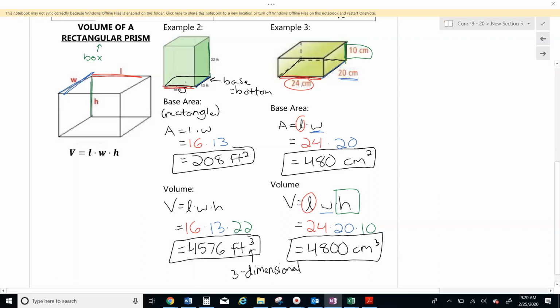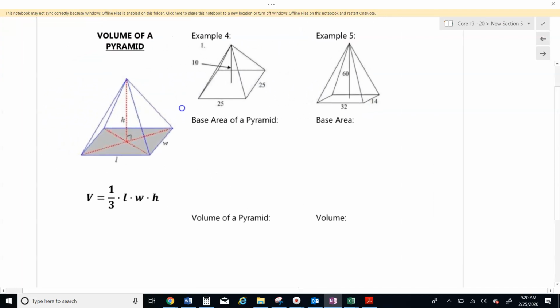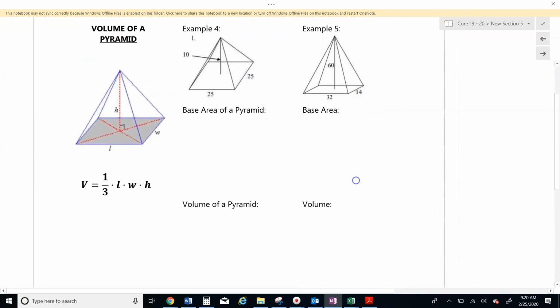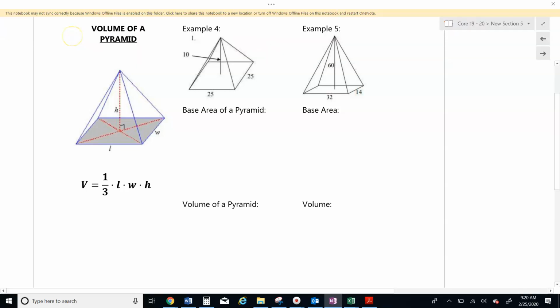Go ahead, turn the page. For the next shape we are looking at is a pyramid. So a pyramid looks like a pyramid, right? It still has a rectangular bottom. So the base is still a rectangle.